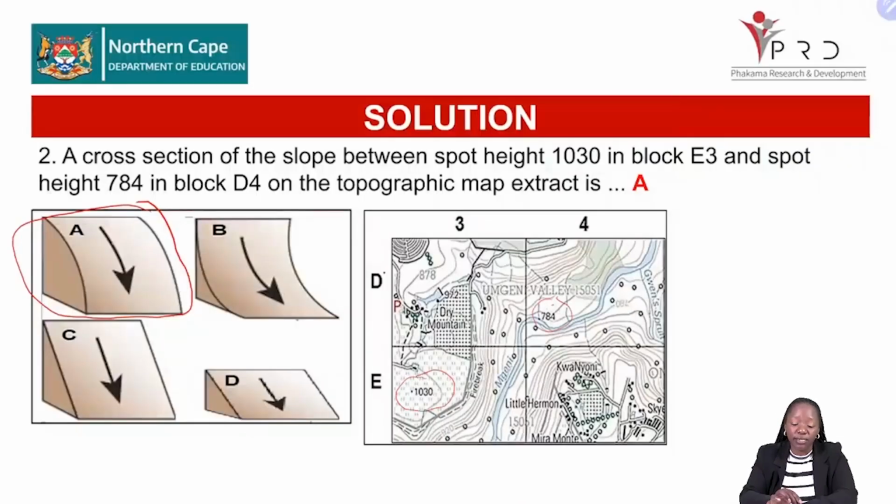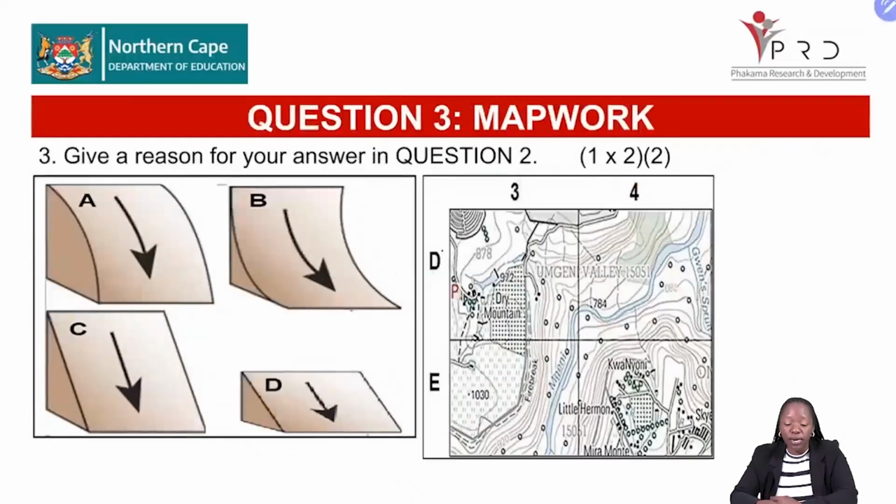You can see that it is A that is showing the cross-section between these 2 points. Then we proceed to our next question. In our next question, you give a reason for why I'm saying it is A. Mark allocation is 1 times 2. I'm going to give you just 1 minute, and then after 1 minute, we proceed to the solution.